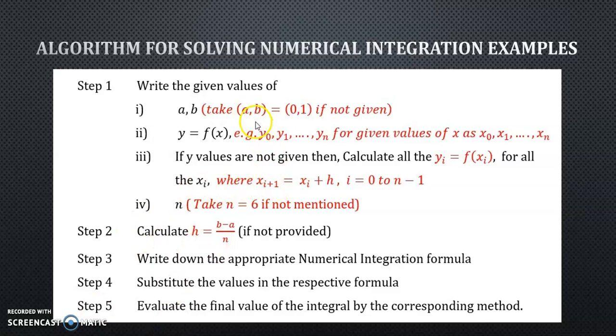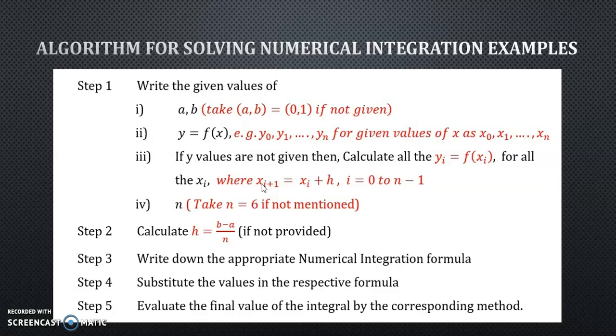Then we calculate x values. As I told you, x0 is the first value of the integral, the lower limit of the integral. So when x0 is given, suppose i is 0, this will be x0. This will be 0 plus 1, so this will be x1. So x0 plus h is going to be x1.